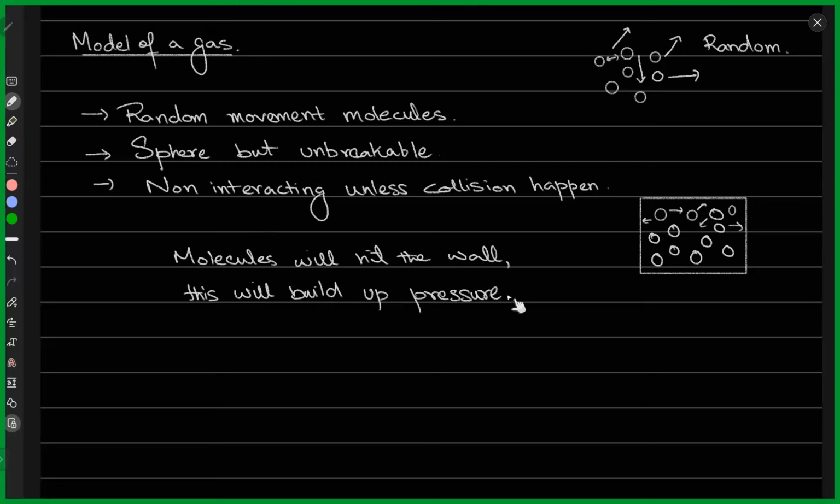It's pretty straightforward to imagine this situation, right? You have some molecules, and you contain them in some container. Of course, because of their random movements, they're going to move here and there, everywhere, and that's the reason they will also be hitting the walls of the container.